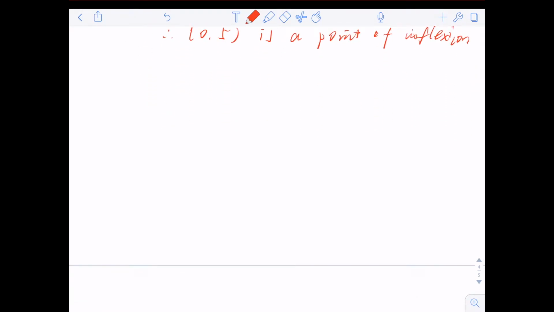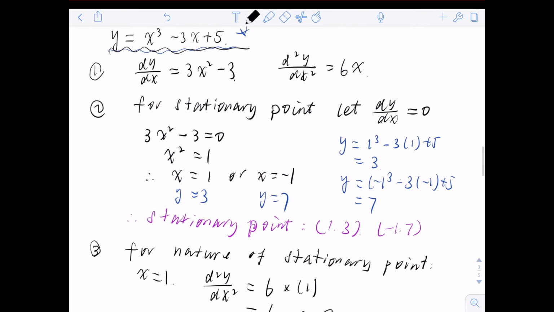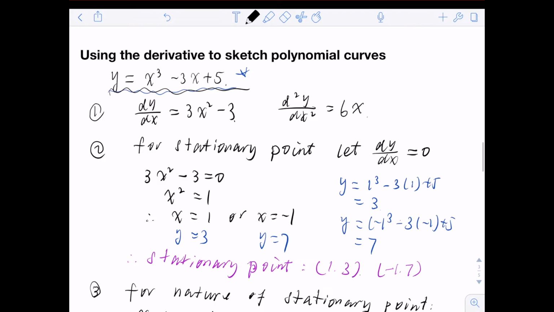Last step to go is to find the x-intercept and y-intercept. For the y-intercept we let x equal 0. Then we go back to the original question here. You can see x equals 0 gives y equals 5.